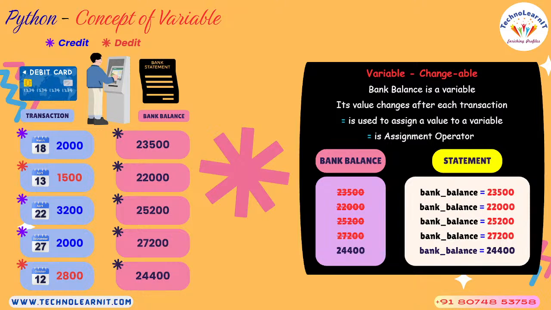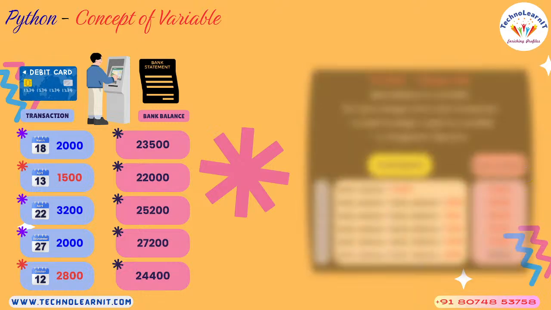Similarly, when you are executing the statements in your program one after the other, as long as the statement has not been executed, the value of that variable remains at that value. The moment the statements get executed, the value of the variable can change. Right? This is the concept of a variable.